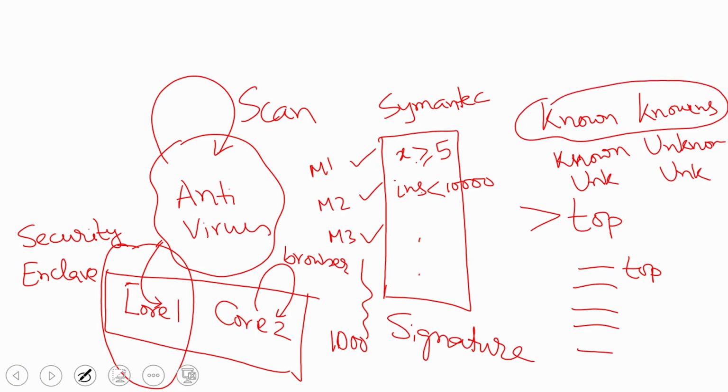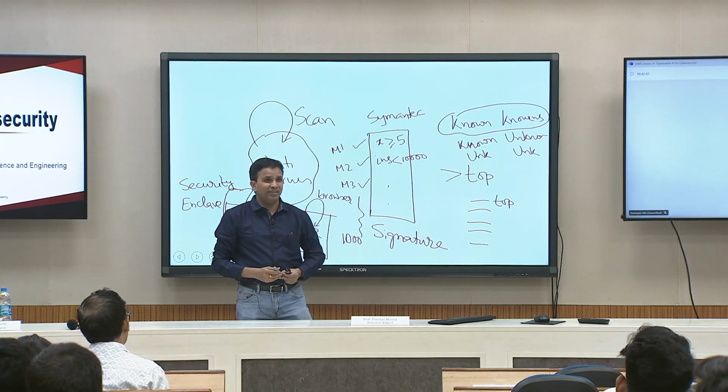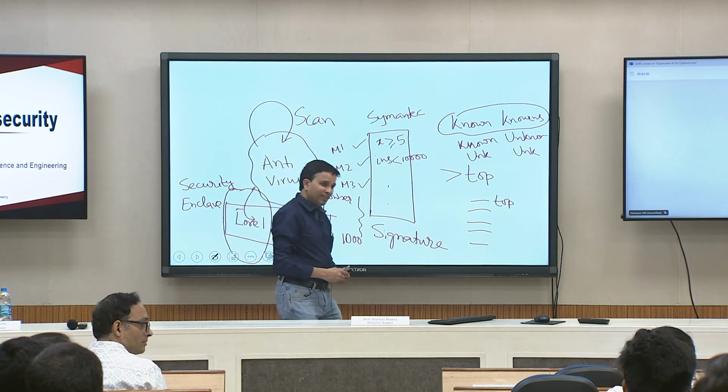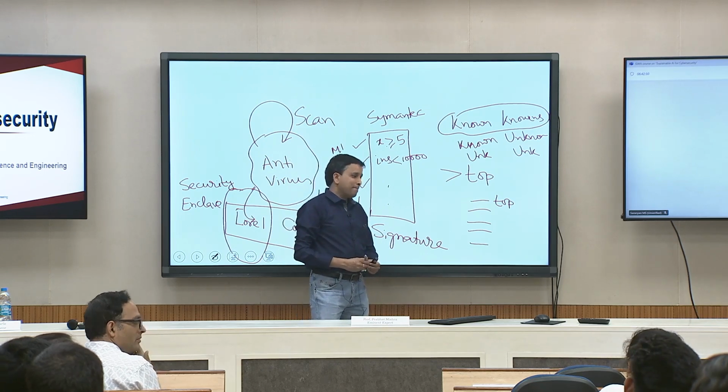What do you think is a known unknown? What does that mean about any malware? What do you think it may mean? It could mean that I know that there is something existing, but I do not know exactly what it is.